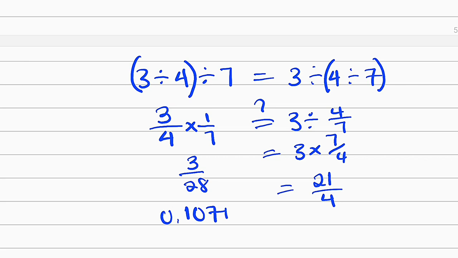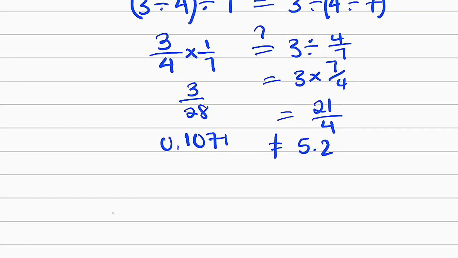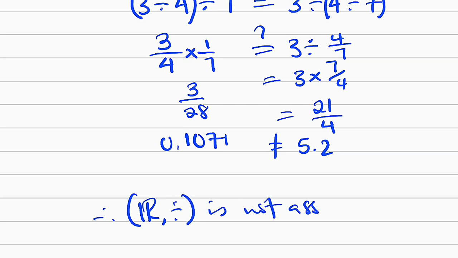And what is 21 divided by 4? 21 divided by 4 is 5.25. While this is 0.1 something. They are entirely different. Therefore, we conclude that division is not associative.